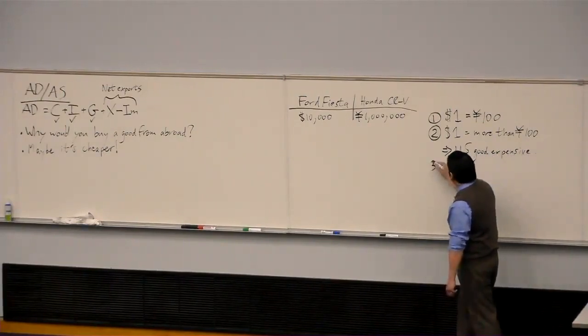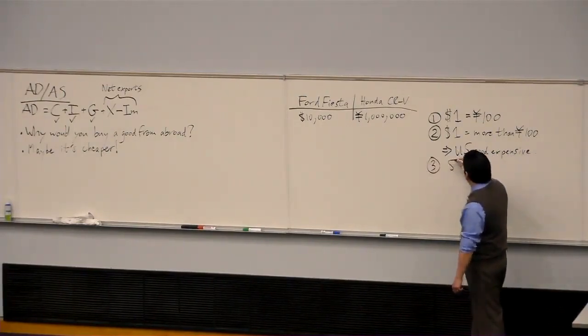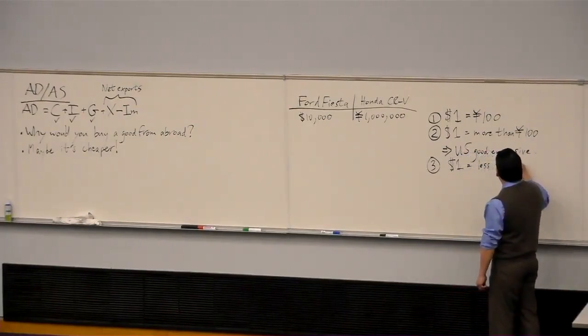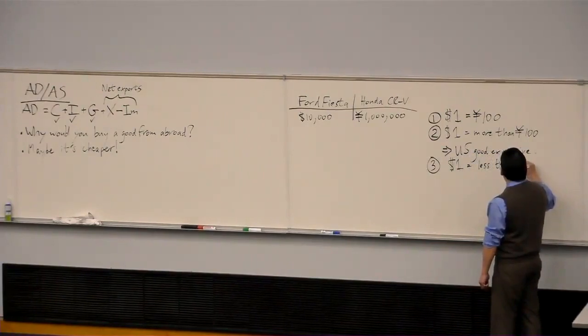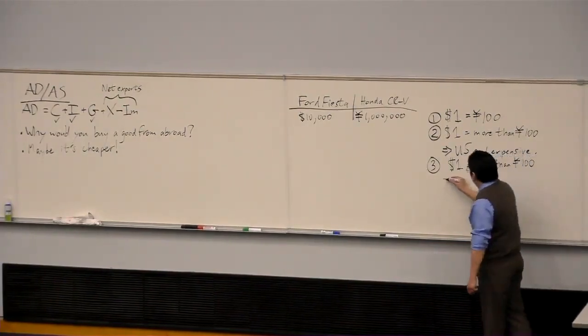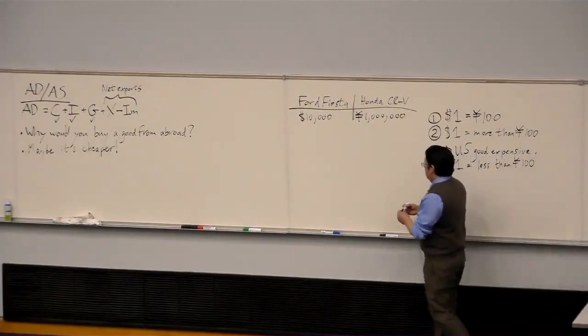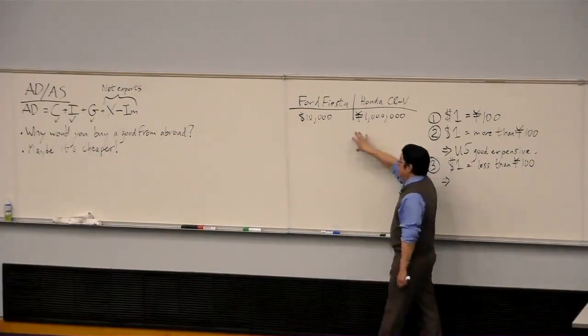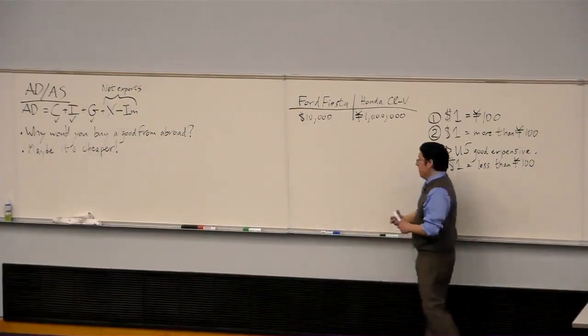And then you have the third possibility, which is the US dollar is less than 100 yen. And of course, that's the opposite. In that case, $10,000 is less than 1 million yen, which means the US good is comparatively cheap.